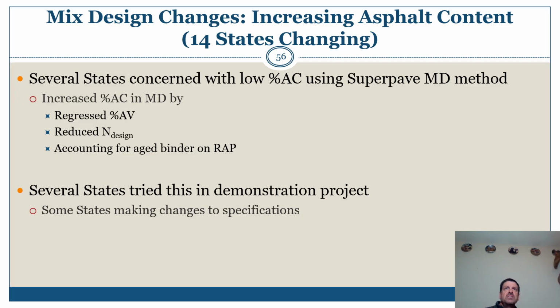The 14 states looked at increasing asphalt content, and again, the techniques that were discussed earlier are the techniques used: regressing air voids, reducing the number of gyrations, or accounting for the aged binder in the RAP.